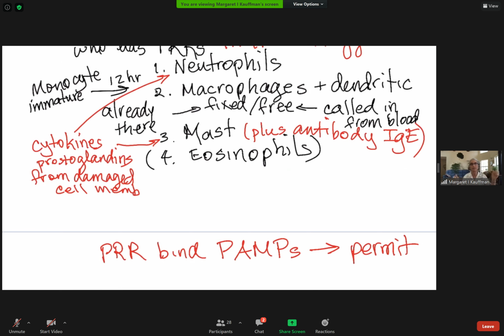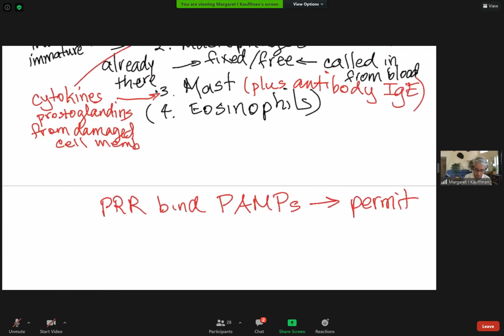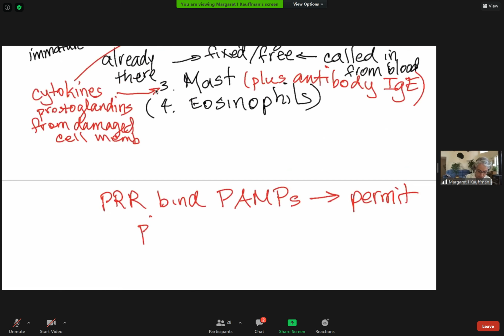I know in introductory biology, it looks like they just kind of gulp it, like you would open your mouth or a whale would open its mouth and eat the fish. That's not what happens. It has to actually physically bind a protein on the membrane of the phagocytic cell to something on the exterior of the pathogen or the microbe, and then it can bring that in to permit phagocytosis.